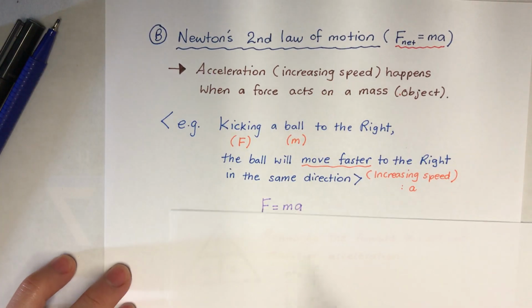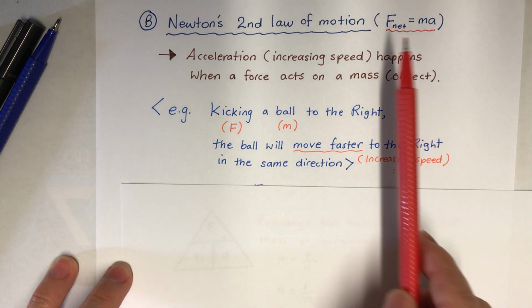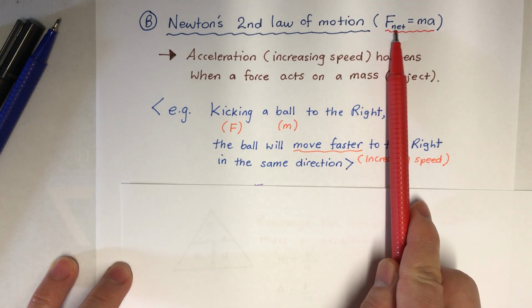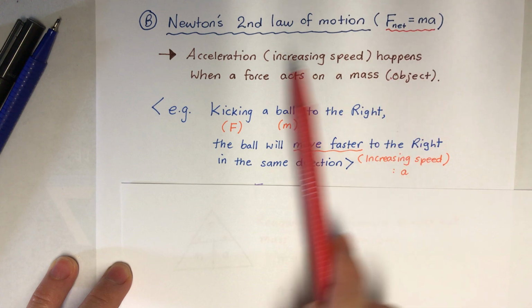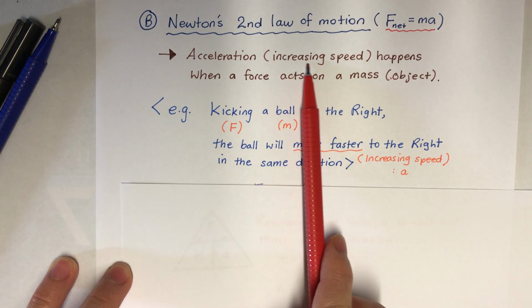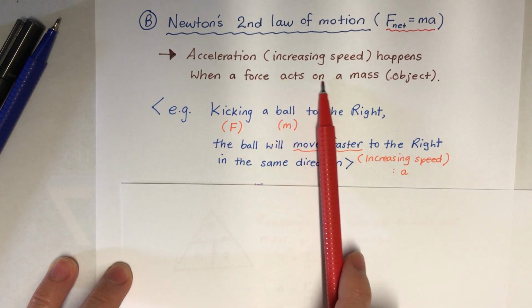All right, next one, let's have a look. The second one is Newton's second law of motion. Net force is ma, the mass and the acceleration. Acceleration, which is increasing speed, happens when a force acts on a mass.